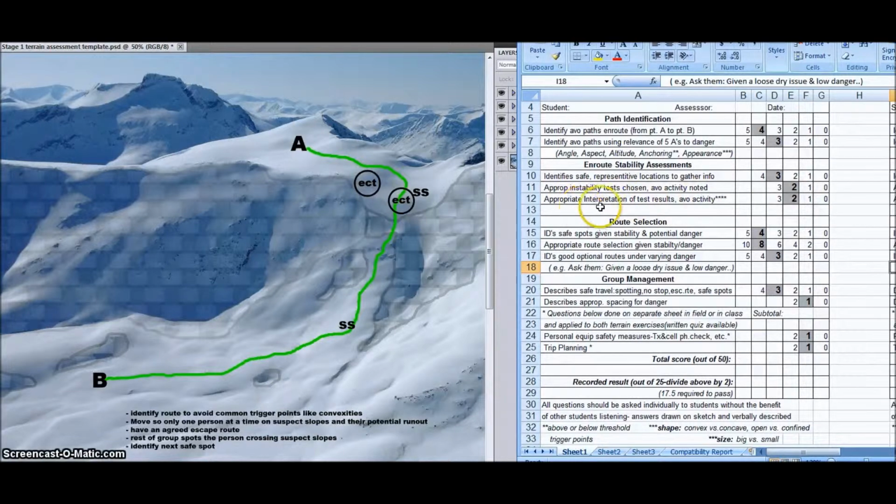The next one, appropriate interpretation of the test results and avalanche activity. Here I often will just ask the student, Gordon, given your ECT that you saw here, you got a positive result 40 centimeters down of a clean, fast shear. What does that mean to you?